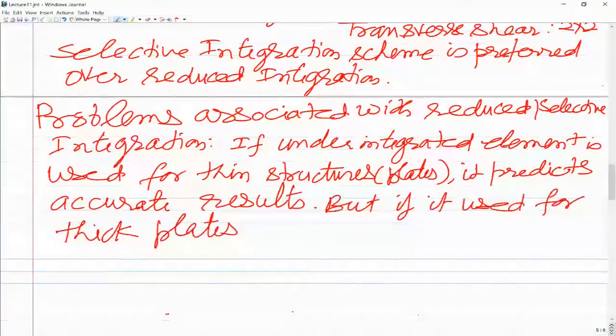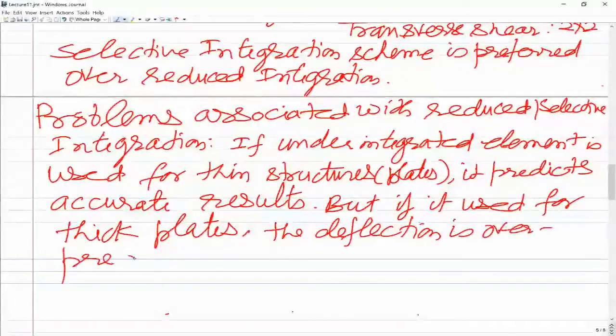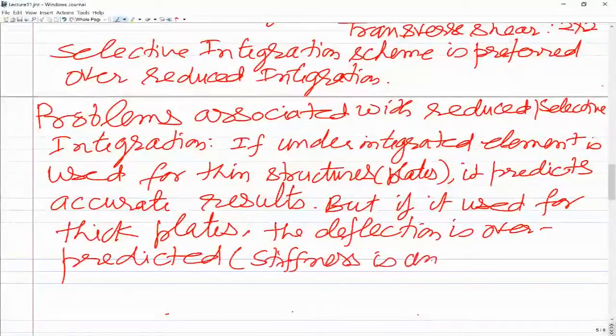If it is used for thick plates, the deflection W is over predicted. You can say, in other words, that the stiffness is under predicted.